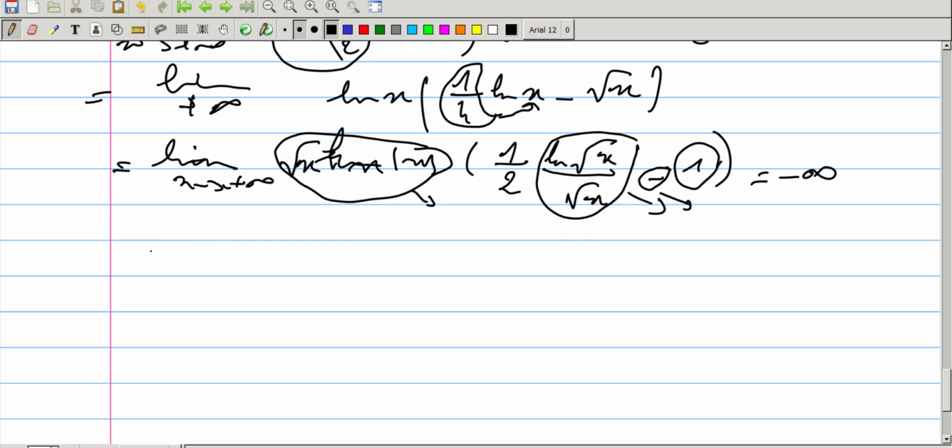We say that the curve of f, I don't know if you call it a curve, but what I know is it is a parabolic branch. I don't know how to call it in English.